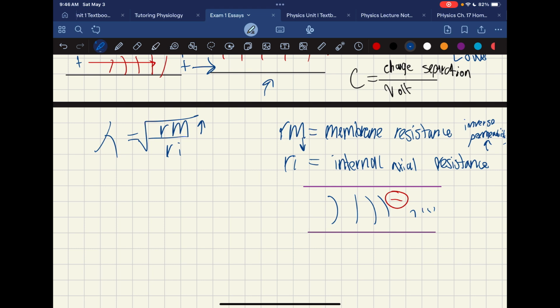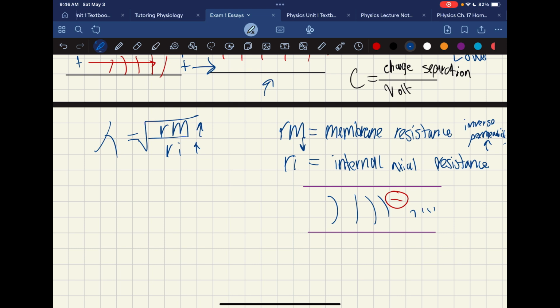So basically, we can just look at this formula. As membrane resistance increases, we will have a greater length constant. And as Ri increases as well, that's not the best, because it will cause our length constant to go down. So a larger length constant means signals can travel farther without losing strength.